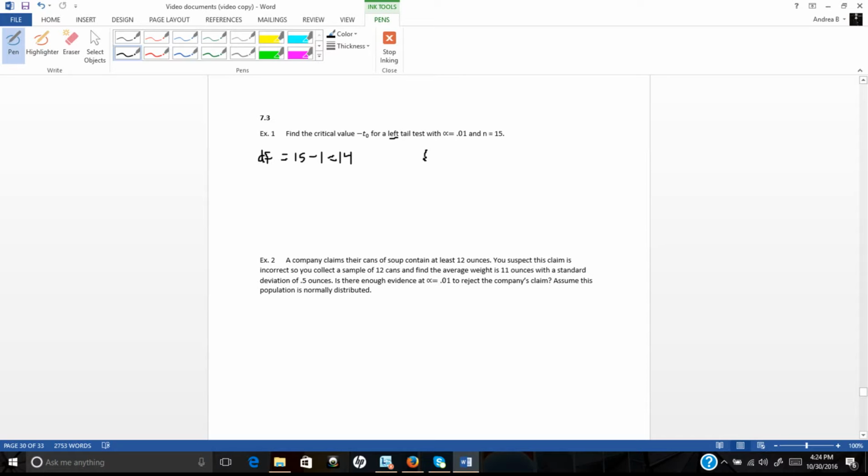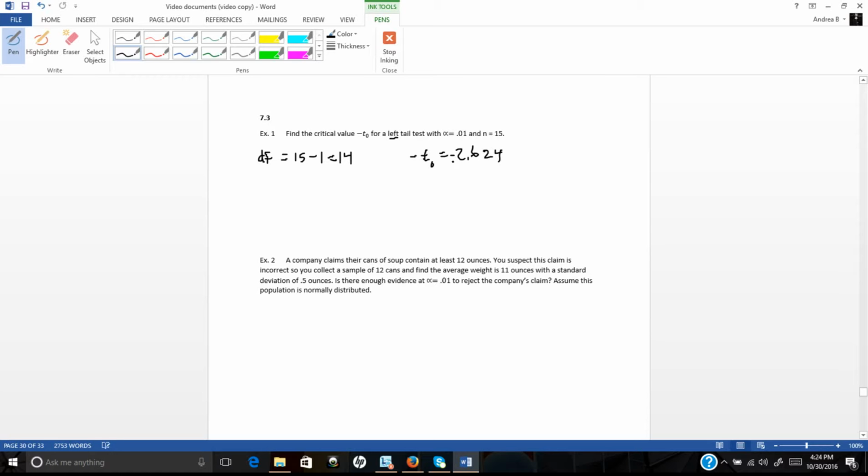So if you look that up, you get t sub 0 is equal to 2.624. But in this case, since it was a left tail test, that means we're dealing with negative ones.